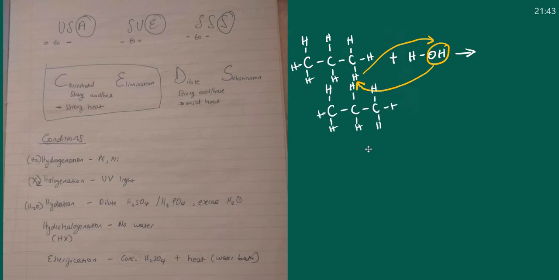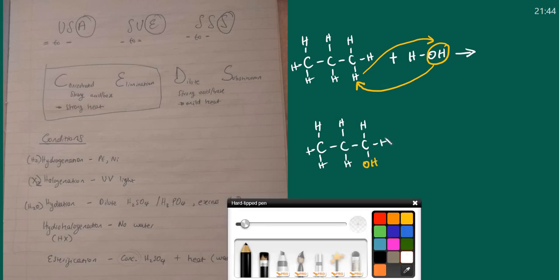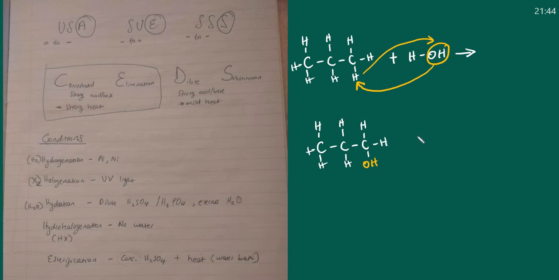What is going to happen to it is that hydrogen will no longer be there, but rather will be substituted with the OH. So now, instead of having OH here, you now have what? H and H. You have hydrogen gas.